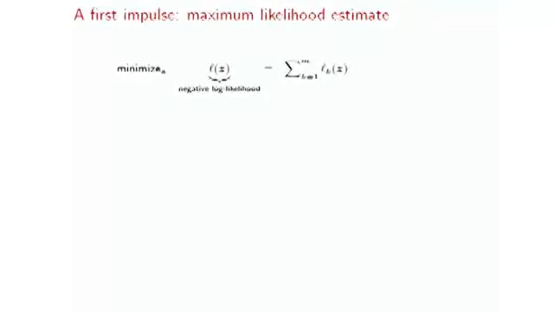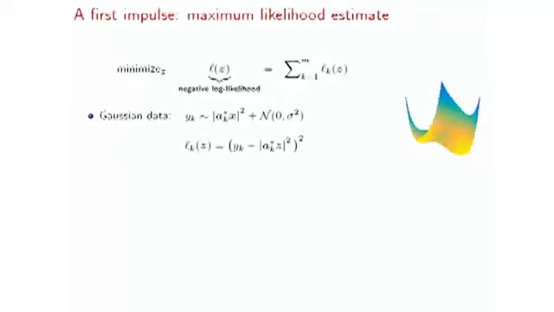A first impulse that came into our mind is that maybe let's try some maximum likelihood estimation, assuming that we have some statistical model about the noise. For example, if we pretend that our data is Gaussian data, then we have some objective function that looks like a mean square error.